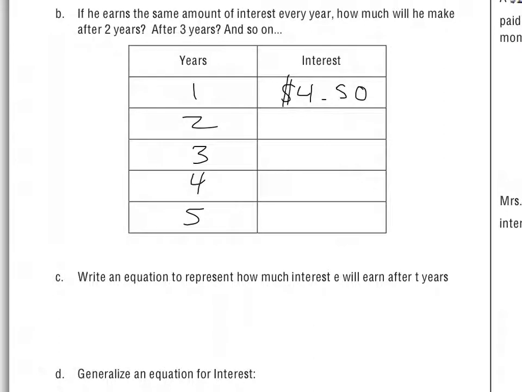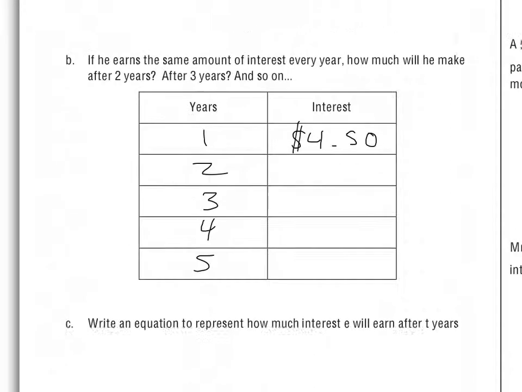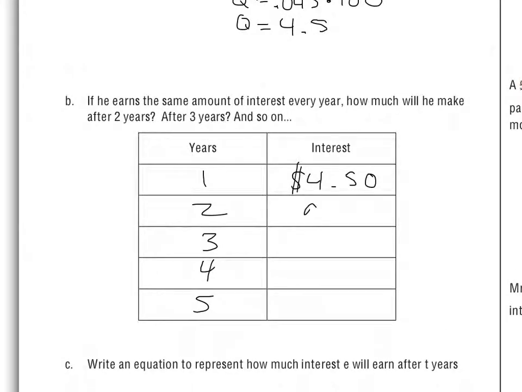So as we fill out this chart, after 2 years, well, if it's $4.50 each year, this is going to be $9. This would be $13.50. This would be $18 and $22.50.